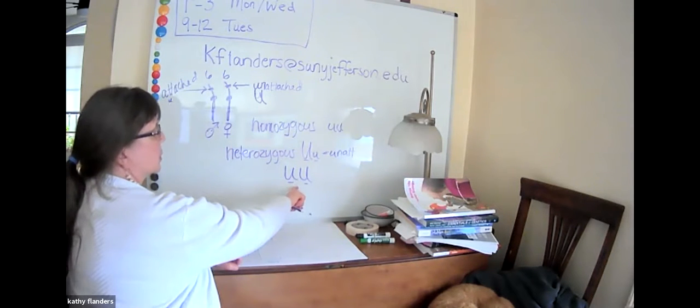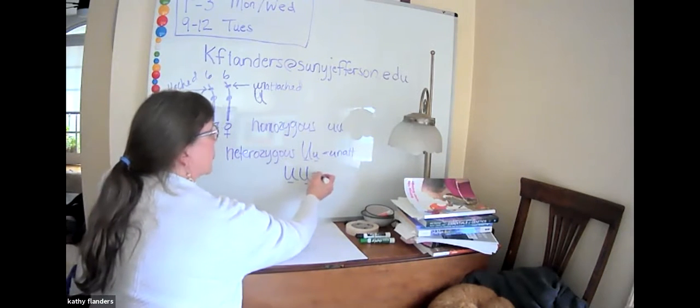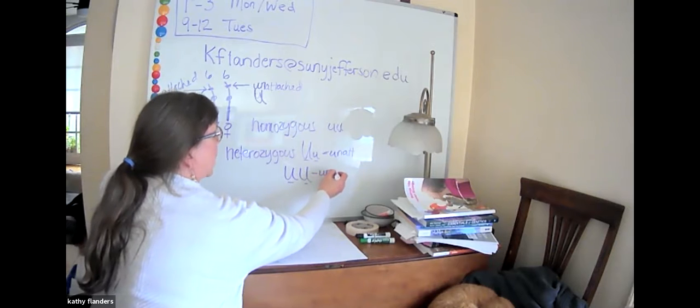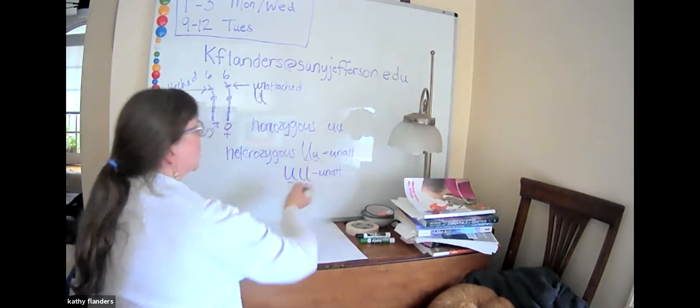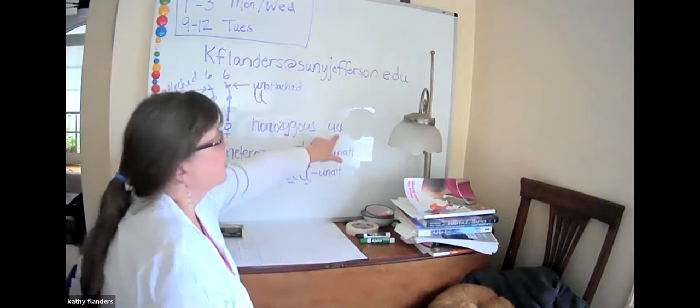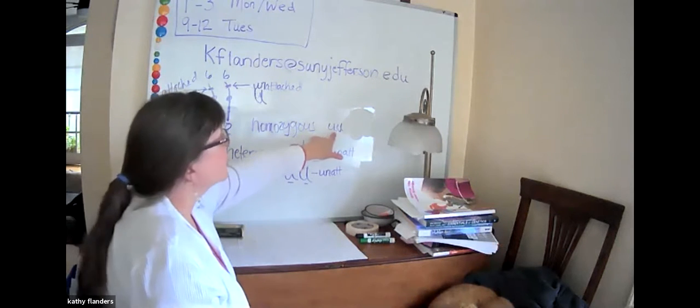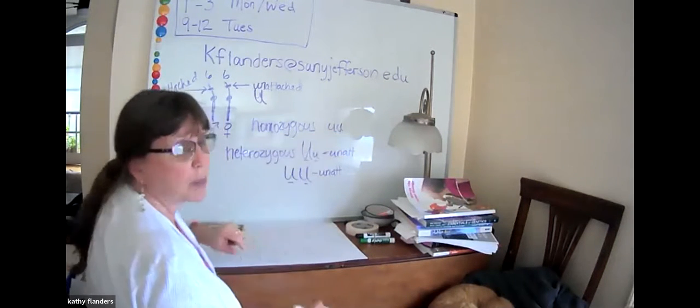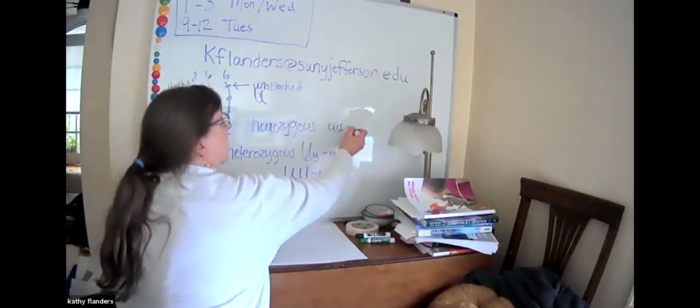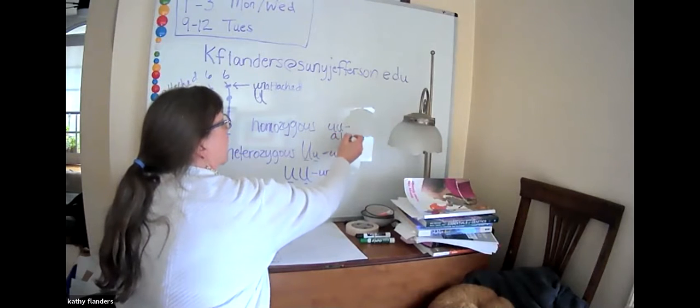If this is the genotype, the phenotype is going to be unattached. If this, remember this is little u, if this is the genotype, then the phenotype is going to be attached.